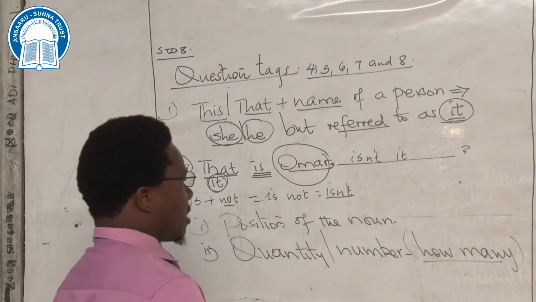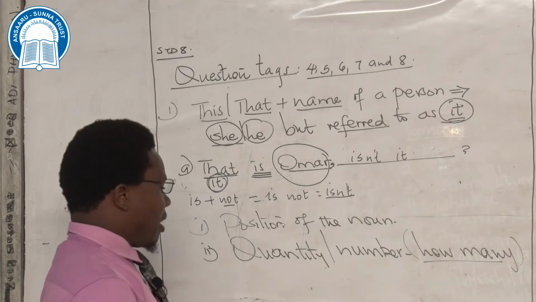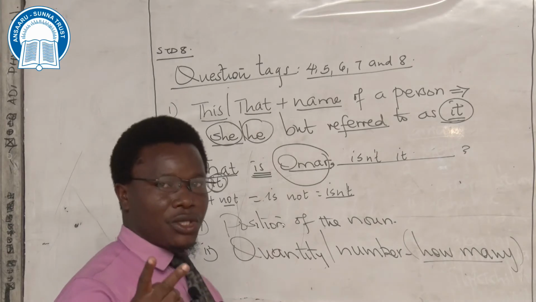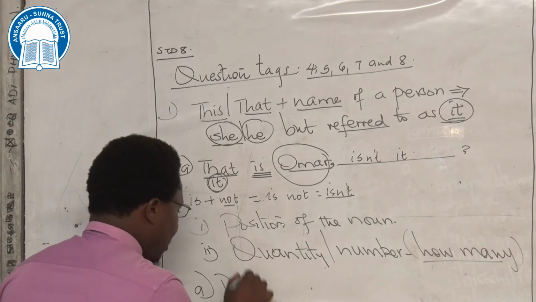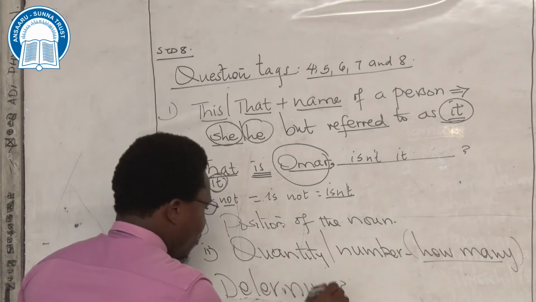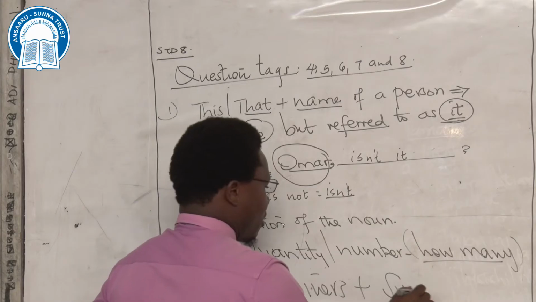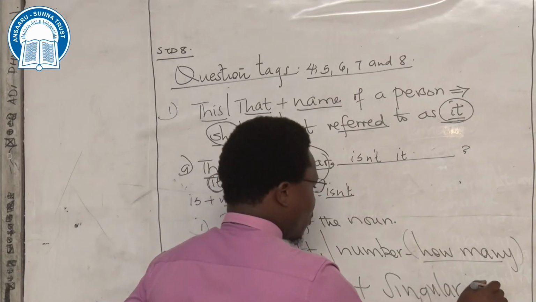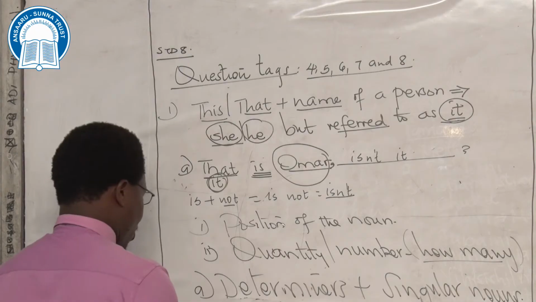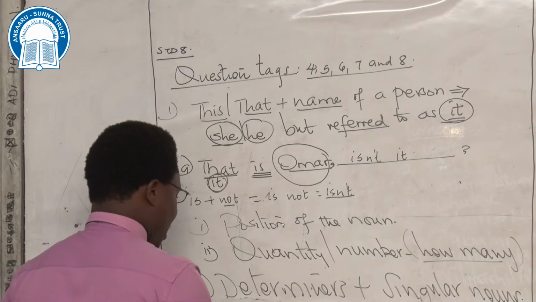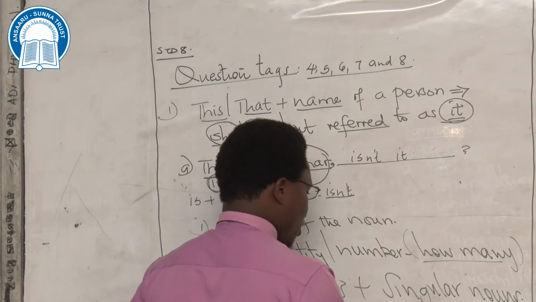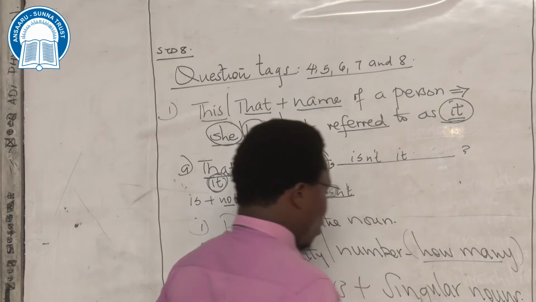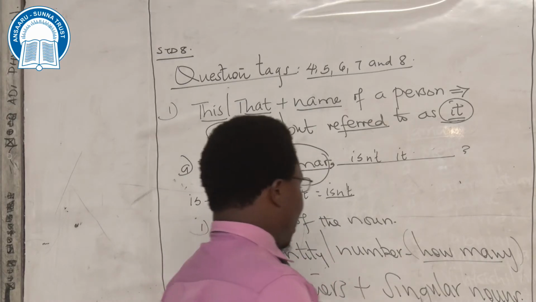So in this case, because of time, the determiners we are going to look at, remember, determiners are categorically put into two groups. First, we have determiners with singular nouns, and two, we have determiners with plural nouns. So basically what I would like us to look at today are as follows.